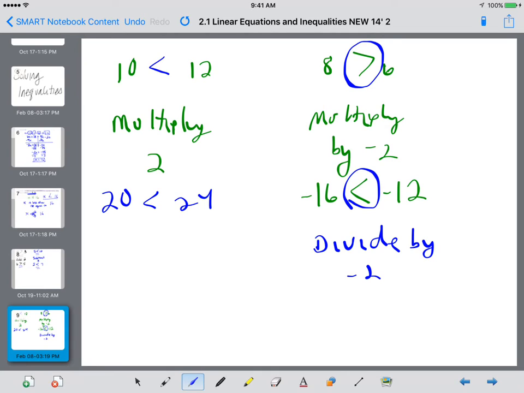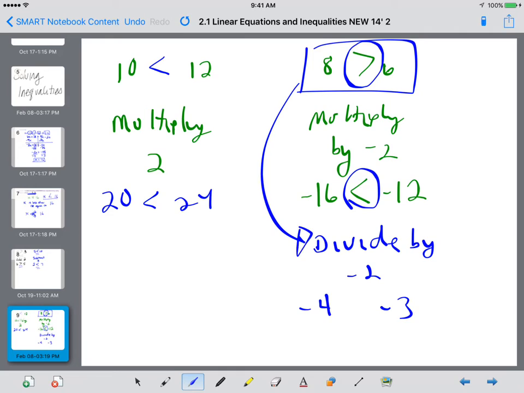Let's divide by negative 2. Let's take 8 and 6 divided by negative 2. So I'll get negative 4 and negative 3. So if this was the original and I divided by negative 2, I'd have negative 4 and negative 3, and negative 4 is less than negative 3.